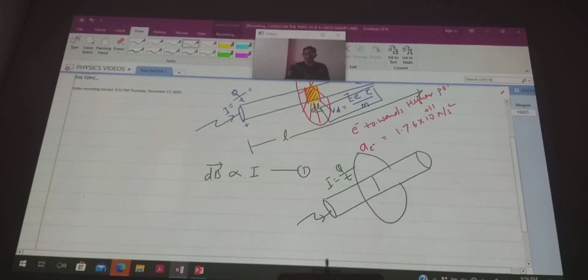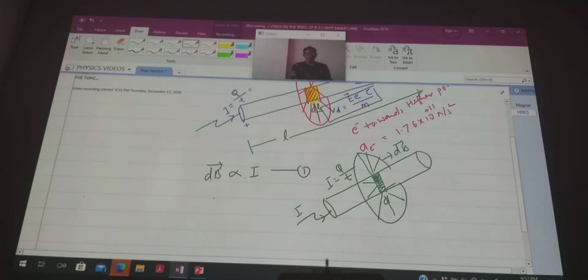If we take a small dl, then its magnetic field is also dB. The magnetic field is all around this, and this is called the dB magnetic field. This dB is directly proportional to the current. If the current is higher, dB will increase. If the current decreases, dB will decrease. So dB is directly proportional to the current I.